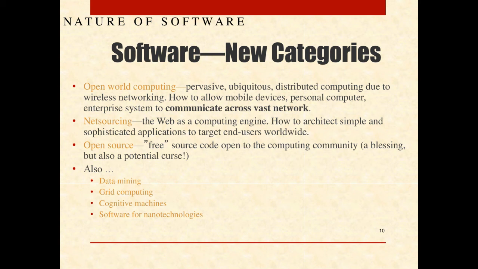How to architect simple and sophisticated applications to target end users worldwide. Open source. Free source code open to the computing community. Also, data mining, grid computing, cognitive machines, software for nanotechnologies.